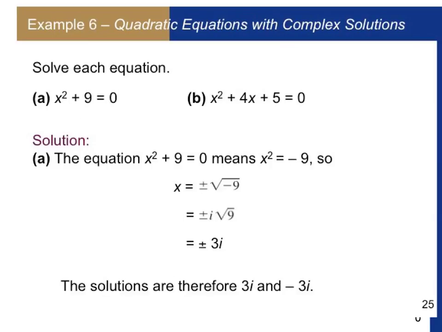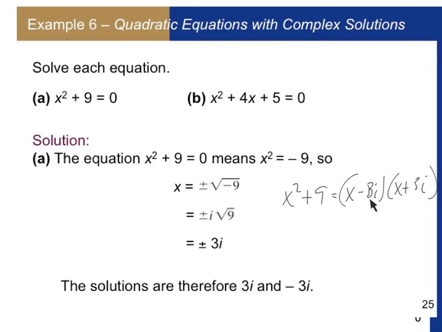Now, we can also factor it. So we could say x squared plus 9 equals x minus 3i times x plus 3i. We'll get to this in another section, but remember these are our zeros, where this thing's equal to 0.